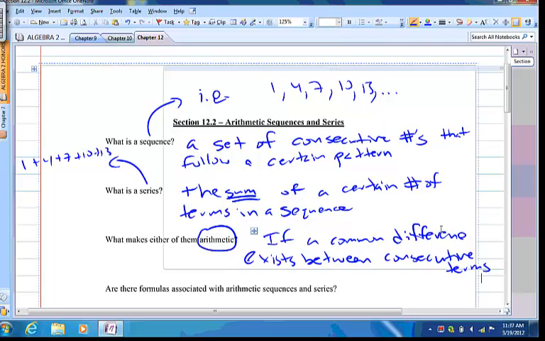So if we think about it, 1, 4, 7, 10, 13, hopefully you see the pattern. Consecutive terms differ by 3. So it seems like we're adding 3 every single time. So both of these, 1, 4, 7, 10, 13, and 1 plus 4 plus 7 plus 10 plus 13, are both arithmetic.